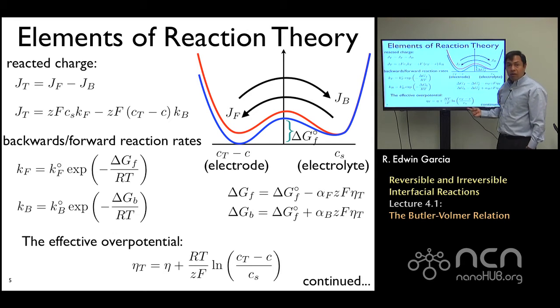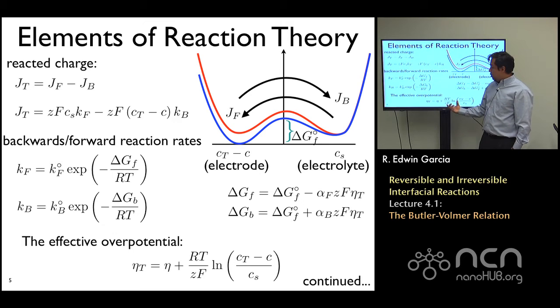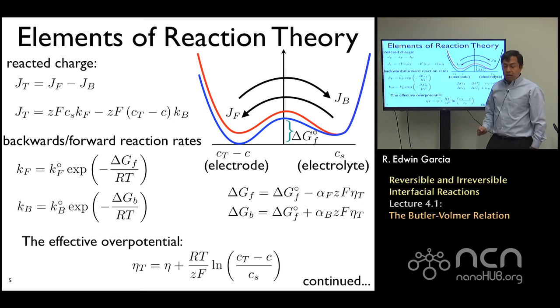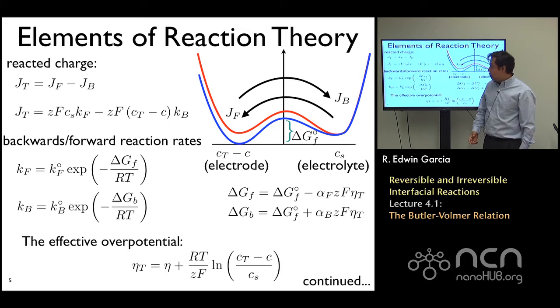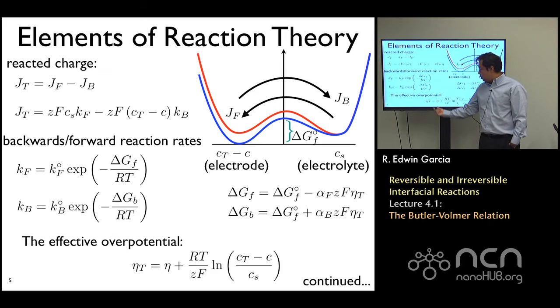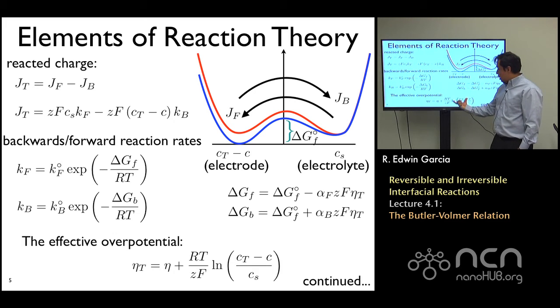Basically, this term over here accounts for the chemical potential difference between the electrolyte and the electrode, and that difference plus the overpotential is what drives the system in one direction or the other. So you have really two contributions: the overpotential and the chemical potential, the overall overpotential of the system that could drive the system.